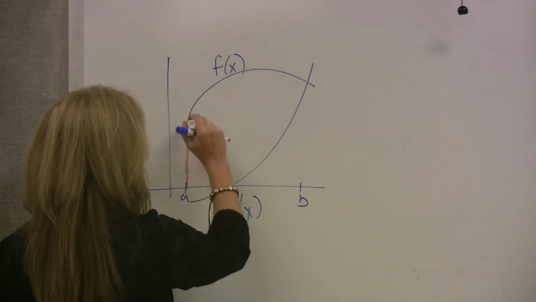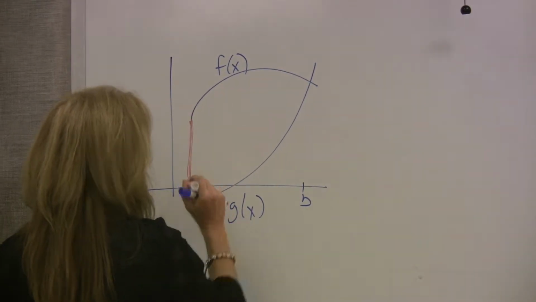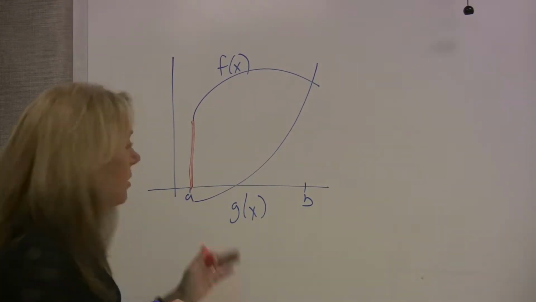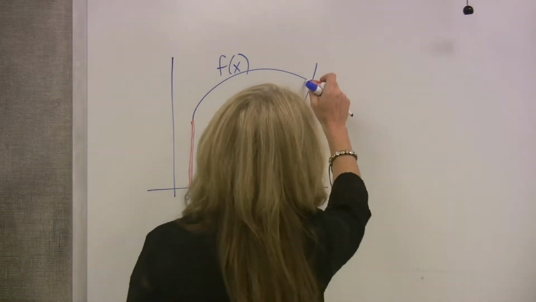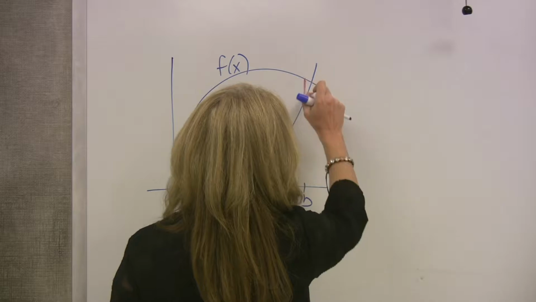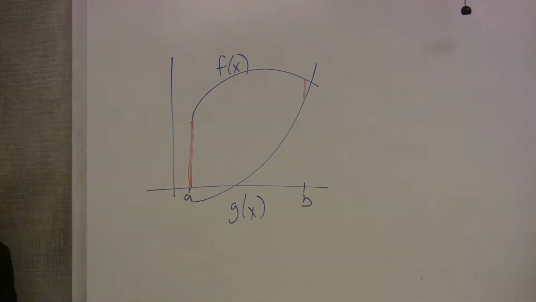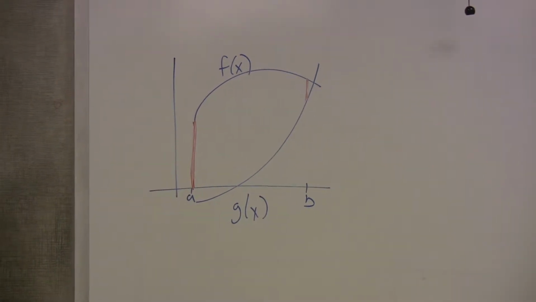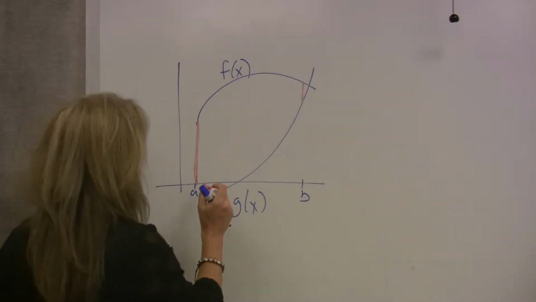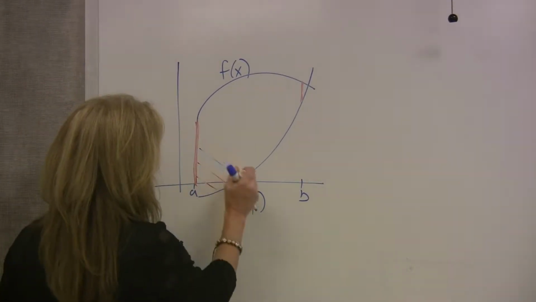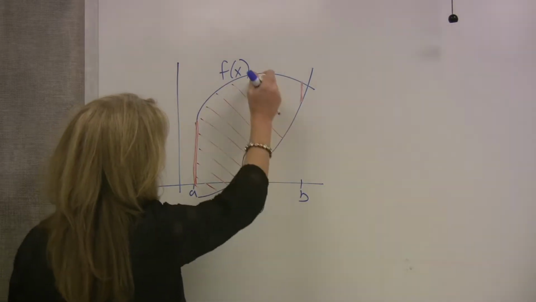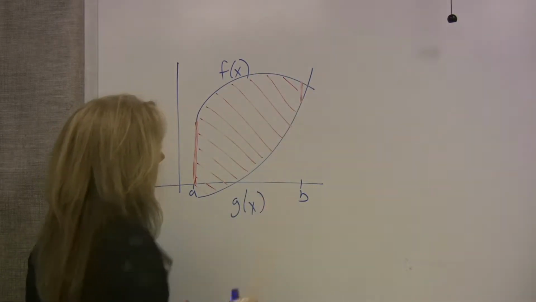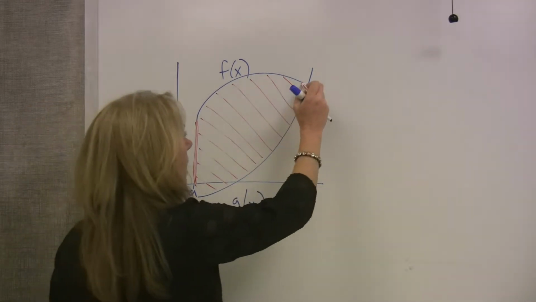Sorry, I can't draw a straight line. Use your imagination. B is actually before it even intersects, so B is over here somewhere. That match your picture pretty well? Close enough? So I'm trying to find this area in here, just that part, between this line and that line.